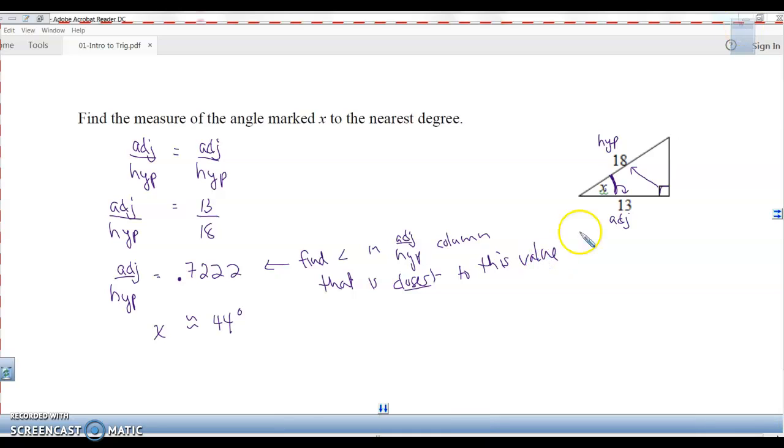I can't spell here, closest. Or I can't write, one or the other. Okay, so if 43 degrees is 0.7314, 44 is 0.7193. That's the closest we're going to get. So 44 degrees is going to be our angle measure.